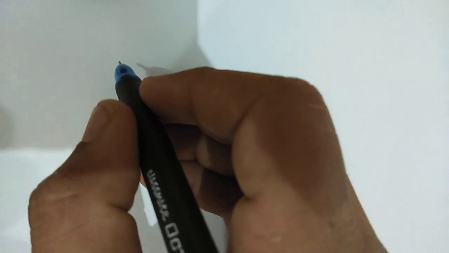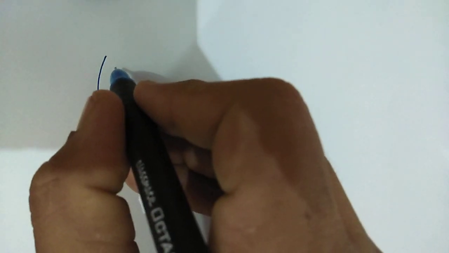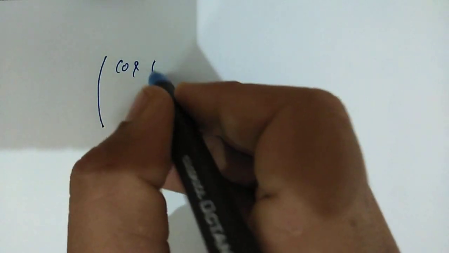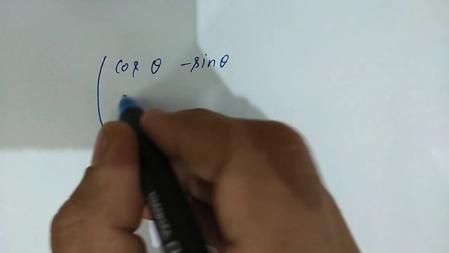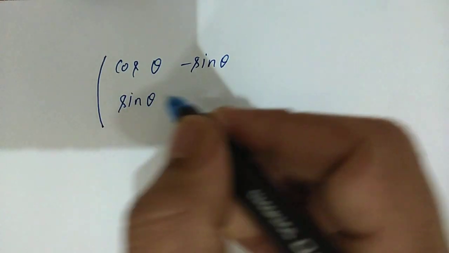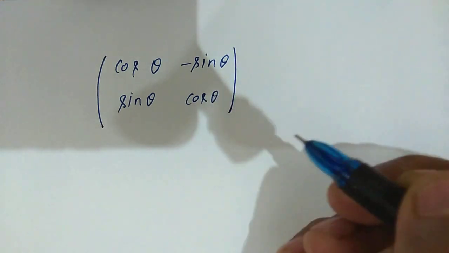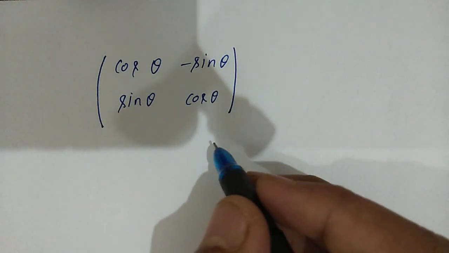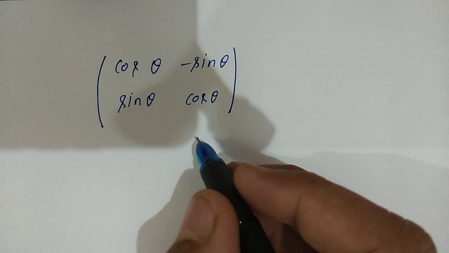So if you talk about the rotation, if you take one 2 cross 2 matrix, the rotation of the plane about angle theta will be given by this rotation matrix: cos theta, minus sin theta, and sin theta, and cos theta. So this is the rotation matrix of a plane about angle theta.